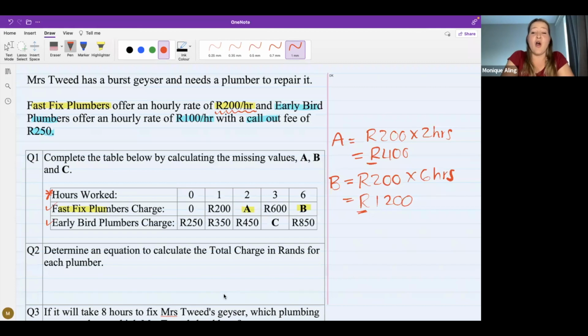Sayanda, you are halfway there. There's another fee that's involved. Remember, early bird plumbers have 2 costs involved in their calculation. There we go.